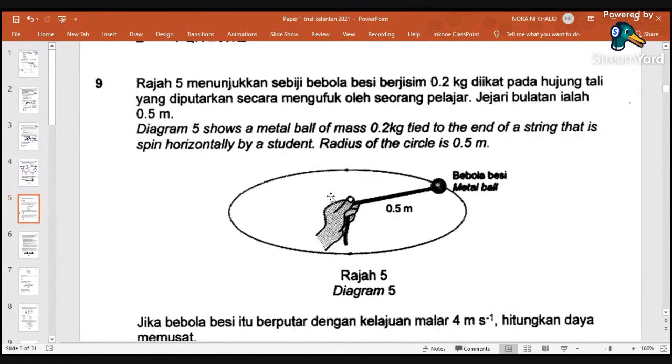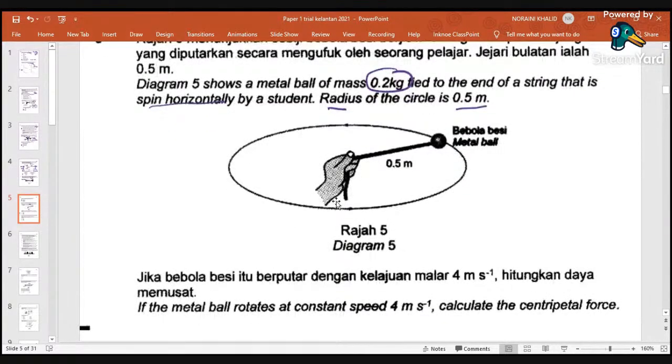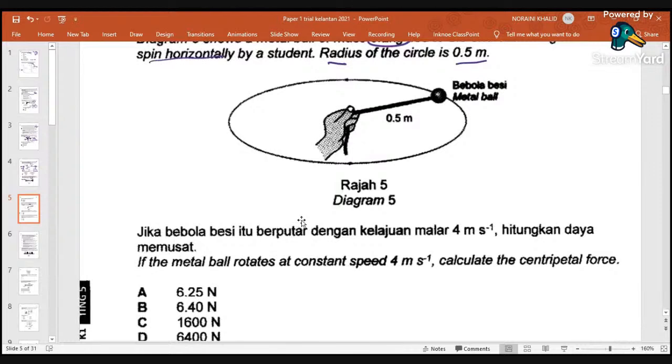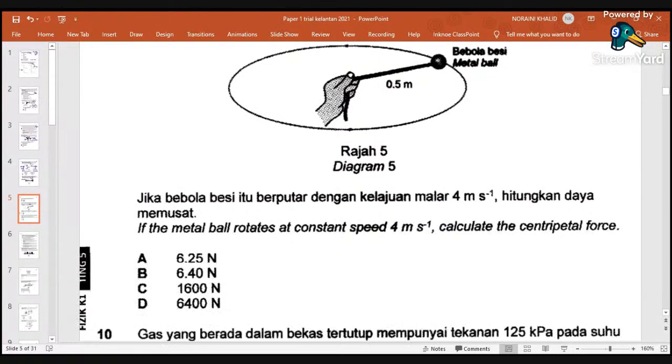Number 9, mass 0.2 kilogram, spun horizontally in a circle of 0.5 meter radius at constant speed. Calculate the centripetal force. Okay, the formula is F equals mv squared over r.